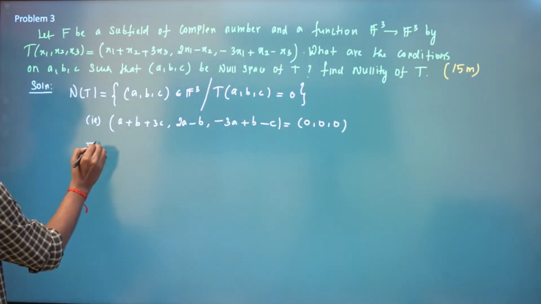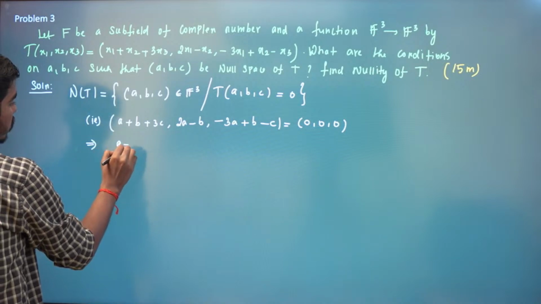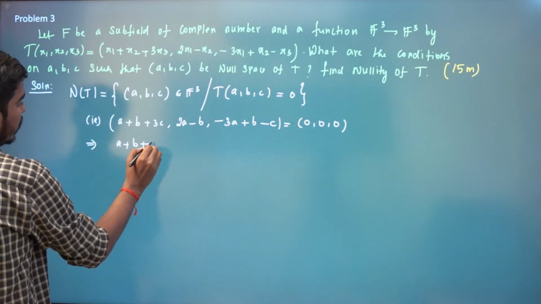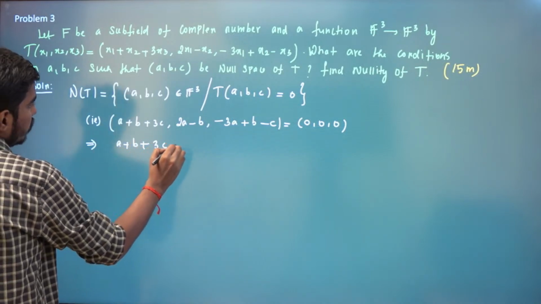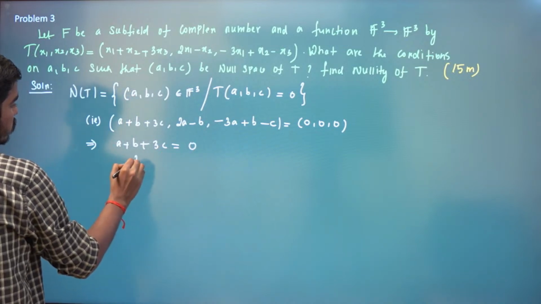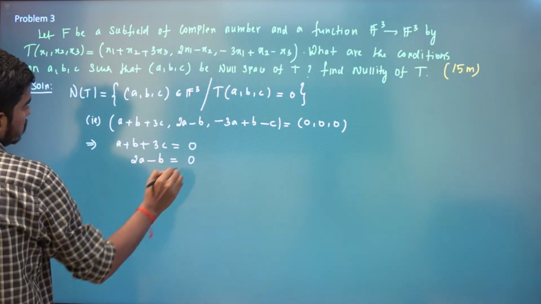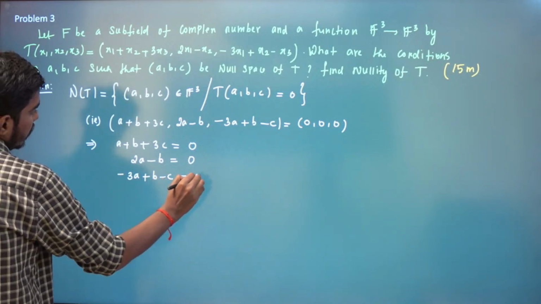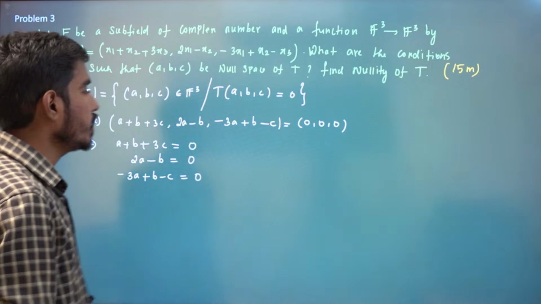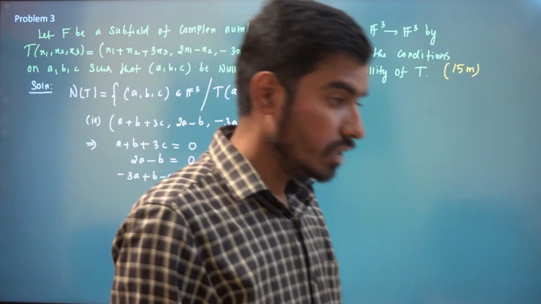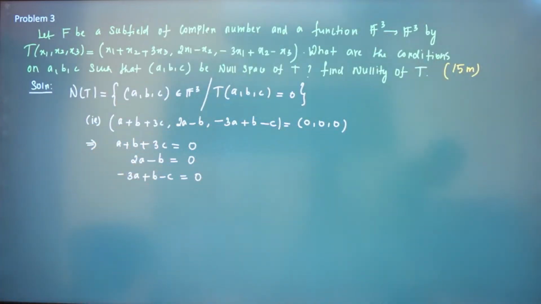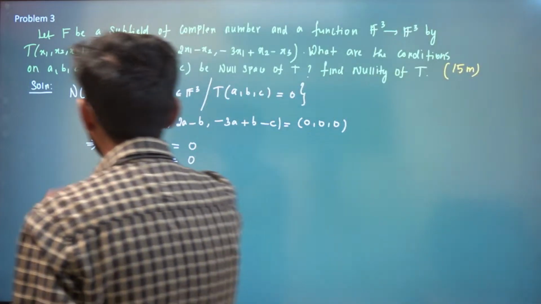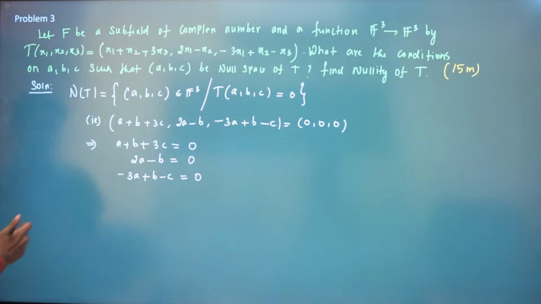So we need to find (a, b, c) that satisfies a + b + 3c = 0, 2a - b = 0, -3a + b - c = 0. So we need to solve for (a, b, c), which is nothing but a homogeneous system of linear equations, right?